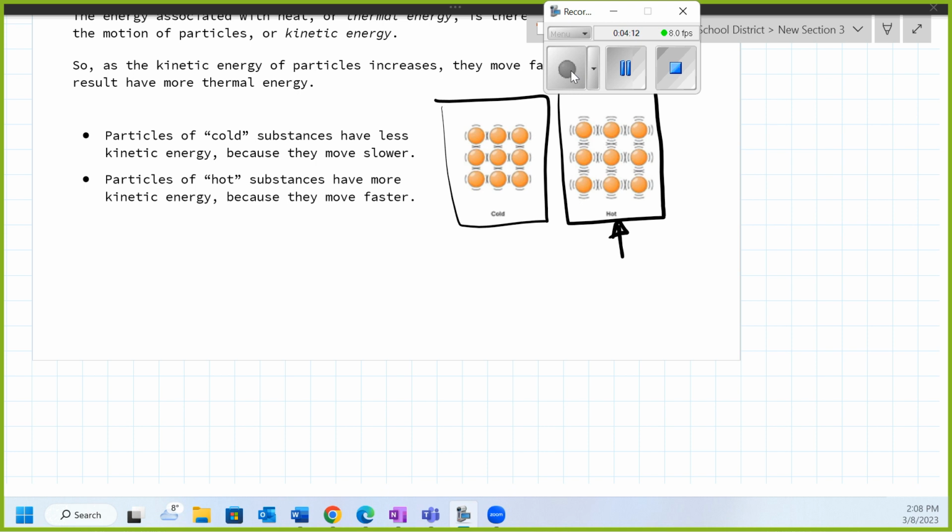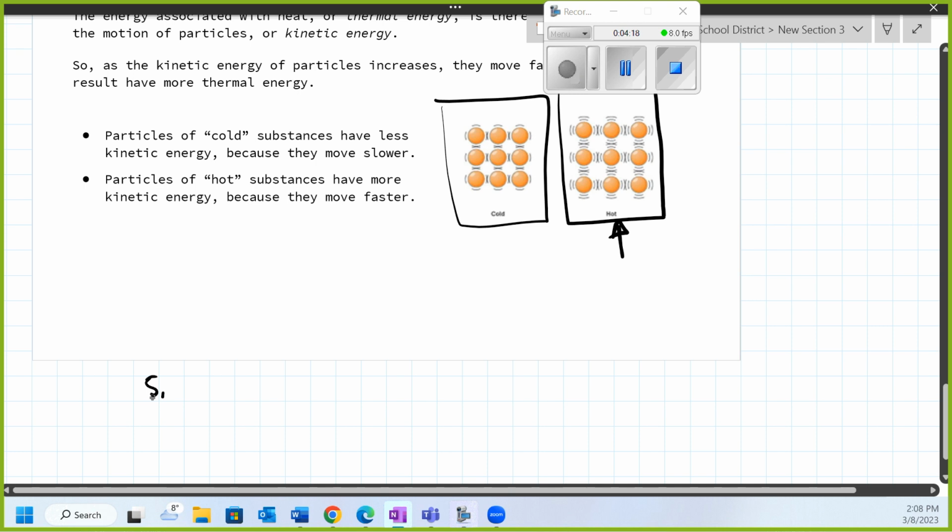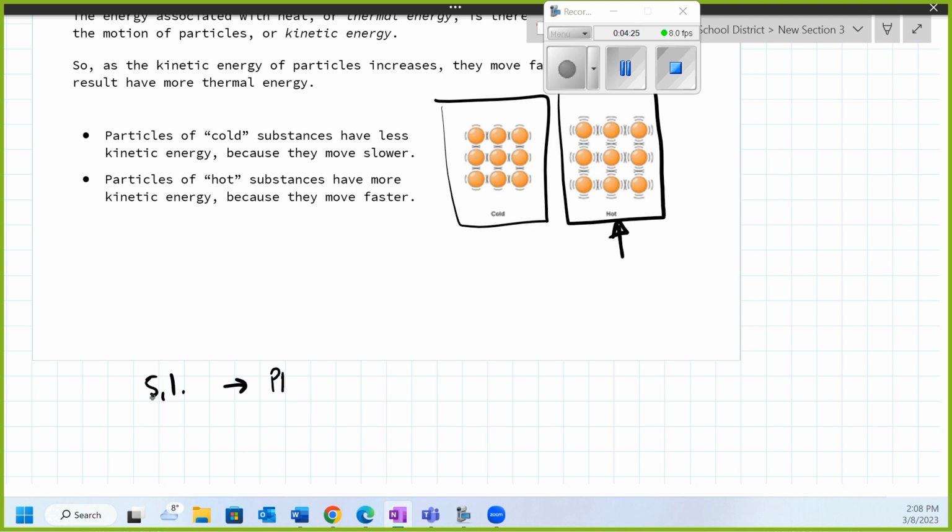So again, from 5.1, what you should take as a fact is that particles are always in motion.